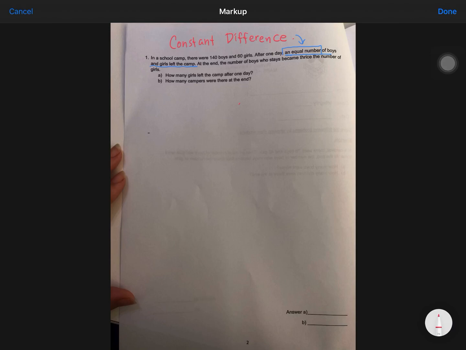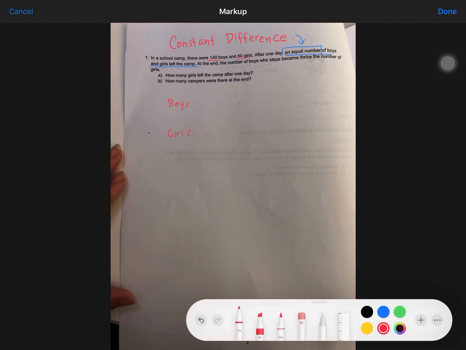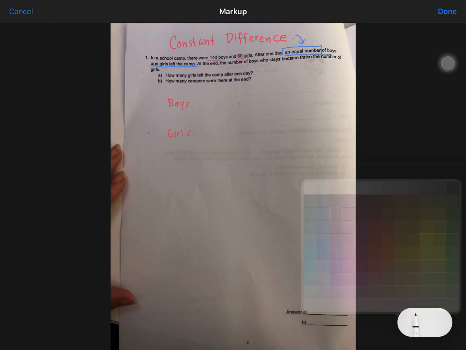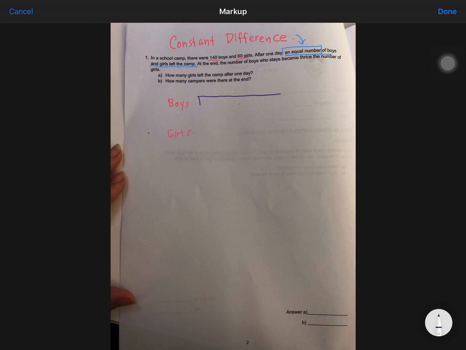In a school camp, there are 140 boys and 60 girls. So I'm going to draw the model because it's a comparison. I'm going to do 2 bars, 1 bar for boys and 1 bar for girls. Boys is 140, so I will draw a longer one.